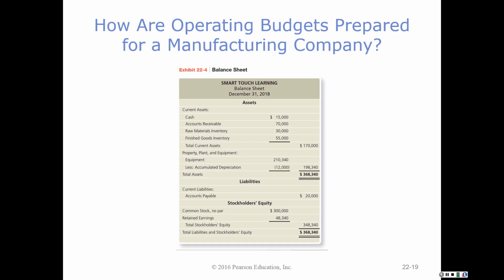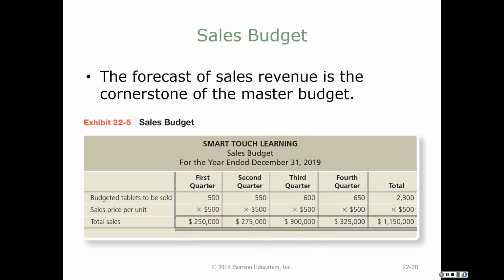But we do need to be able to determine ending cash, ending accounts receivable, and inventory. So we'll have to use some estimates of what we think our beginning of the year numbers for 2019 are going to be, the end of 2018. These will become the beginning numbers for 2019 that will help us move our budget through to get ending numbers for our budget. Okay, just keep this in mind.